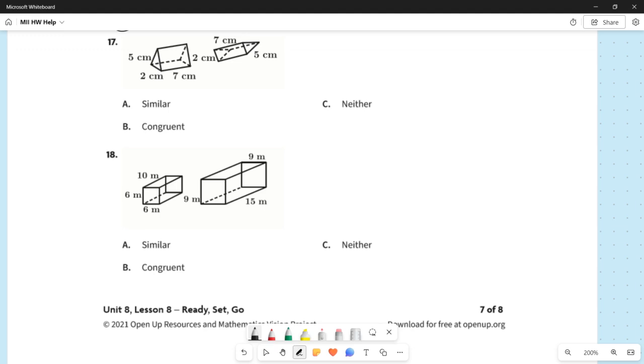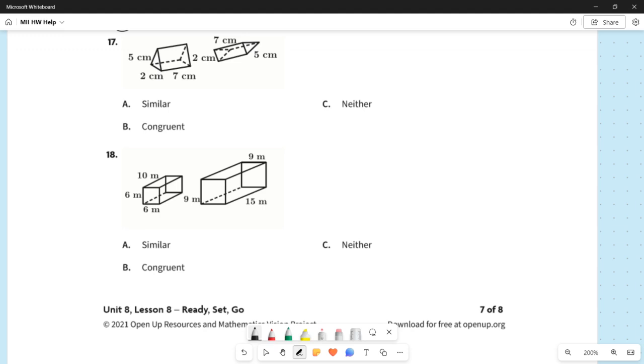So let's compare what we've got going on here. Now, with a triangular prism, you can't just randomly look for, do we have the same numbers? Because with a triangular prism, you need to make sure that they're in the same relationship between the left and the right.